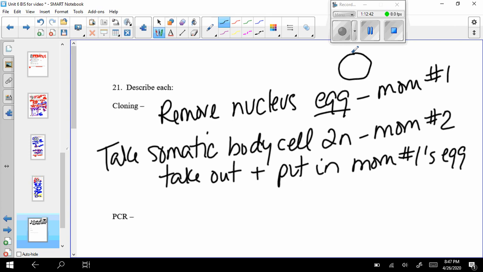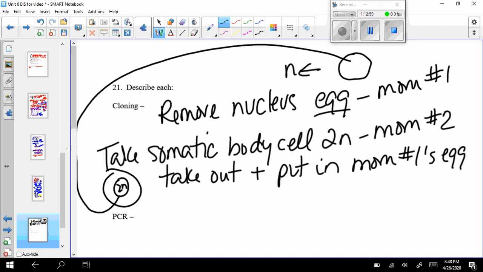And so this was an egg cell, and it used to have N chromosomes, and now they're taken out. And here is mom 2's cell. And here is the diploid nucleus, 2N, and this is taken out and it's put inside of here.